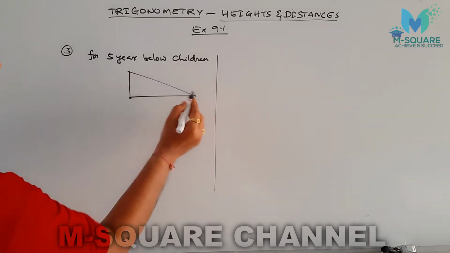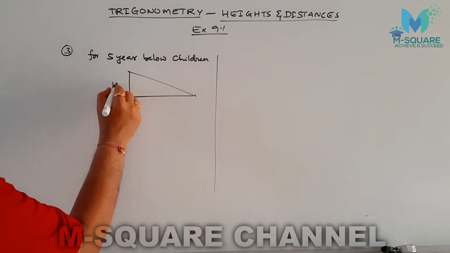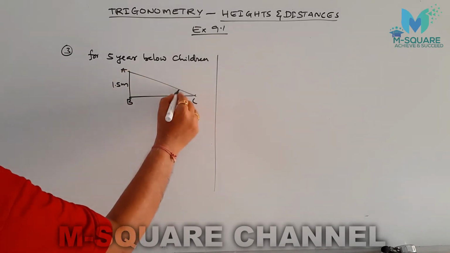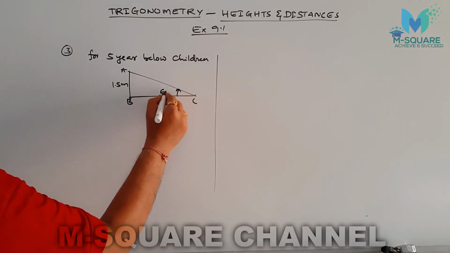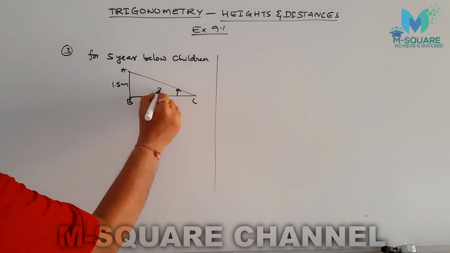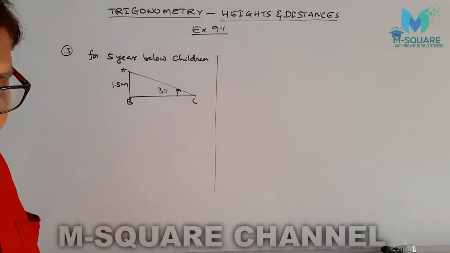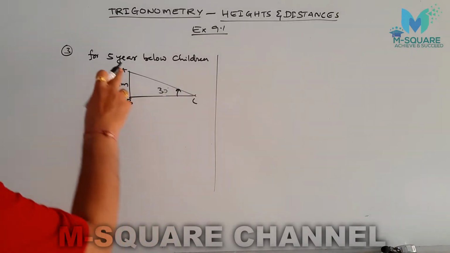That slide height is 1.5 meters. Let it be A, B, C. The angle of elevation is 30 degrees. So find the length of the slide.